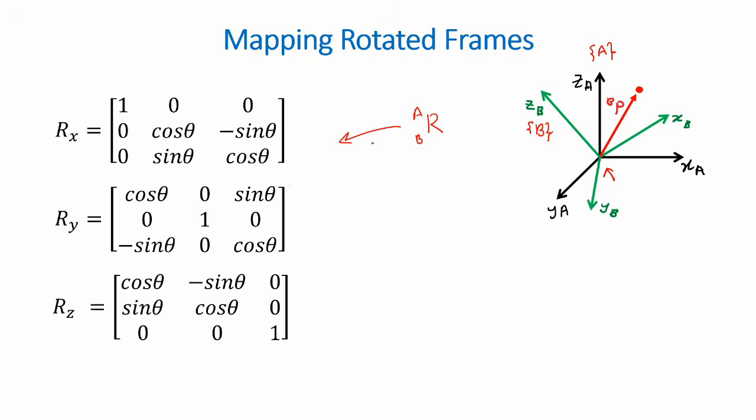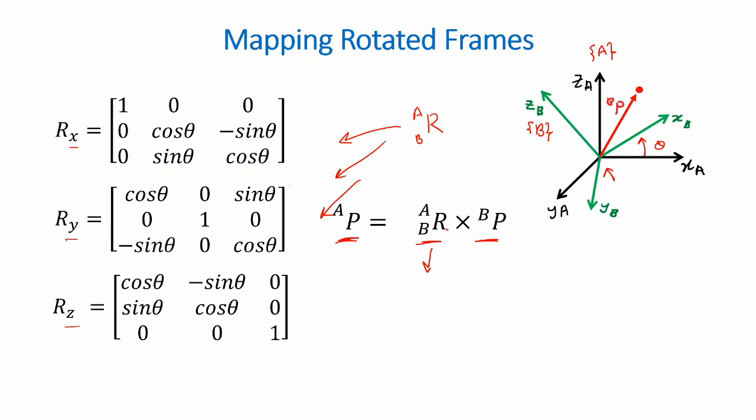This would boil down to these three matrices depending on how frame B was rotated in the X, Y, or Z directions for an angle of rotation theta. So the point in frame A, P_A, would be the rotation matrix times the position vector P_B.